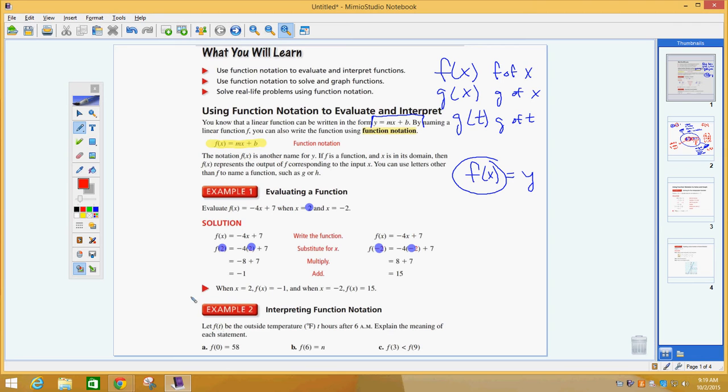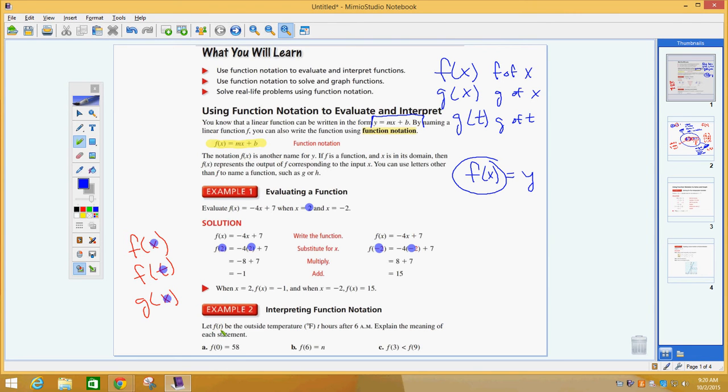Something I didn't discuss, but I want to make sure you understand: if I have f of x, or f of t, or g of x, whichever, the variable inside the set of parentheses is the independent variable, always. So in this case, with the function f of t, t is the independent variable. It's the input value, just like putting x there.